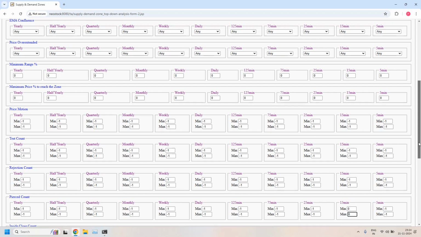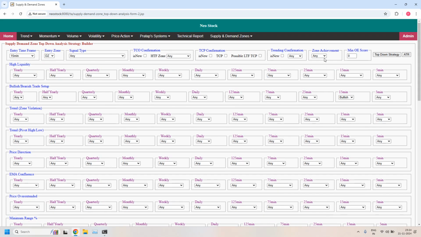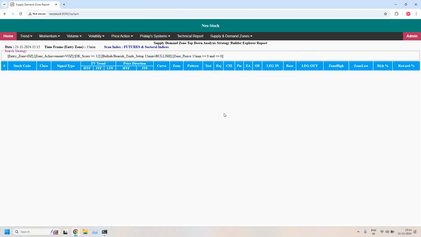That means 15 minutes demand zones are not pierced. And zone achievement is violated opposing zone, and the minimum order enhancer score should be 12. All the 3 filters are applied to the 15 minutes demand zone. Now let's filter the stocks. We did not get any bullish trade setup daily income trade stocks.